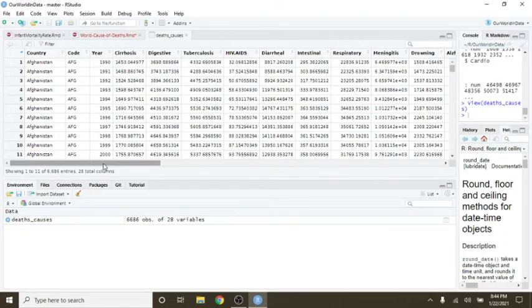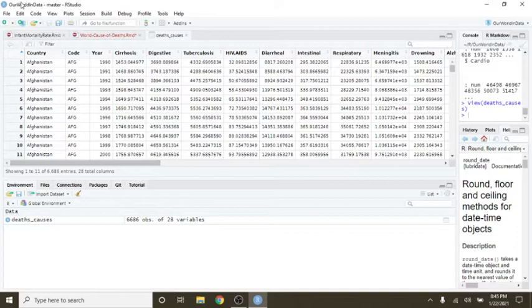Now here's the thing. We got all these massive diseases here, okay? We could, for instance, do a total by year. Use your across function to produce a total for all the numbers for each year.